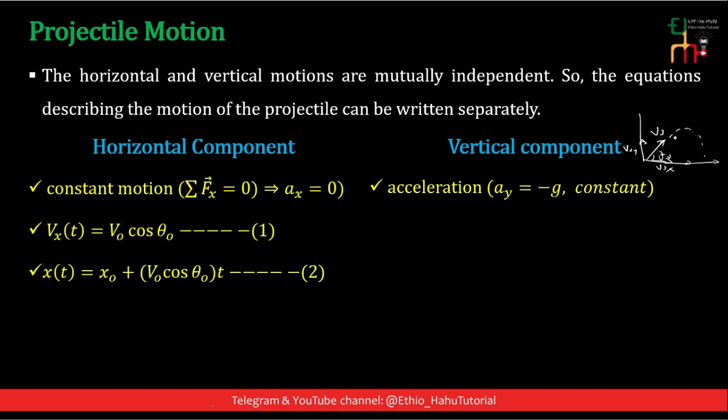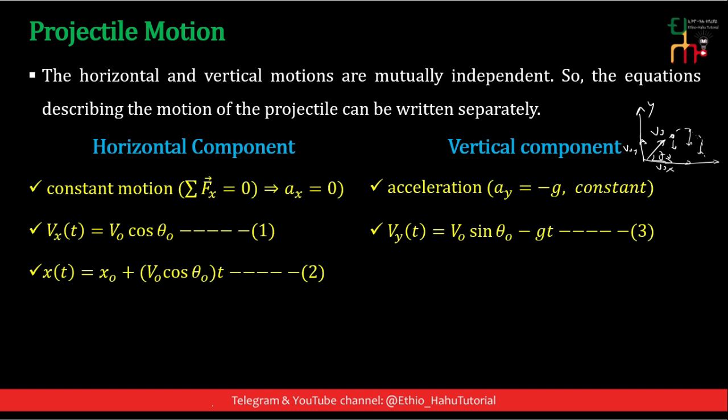On its trajectory, the only net force acting on the projectile is gravitational force. That's why the vertical component of the projectile motion has acceleration ay equal to minus g. Why minus g? Acceleration due to gravity is vertically downward. This is the y-axis, but acceleration acts in the negative y direction. That's why this negative sign shows that acceleration due to gravity is vertically downward.